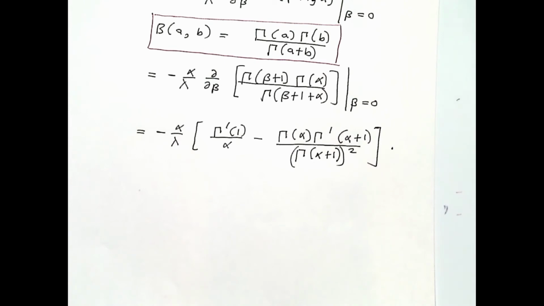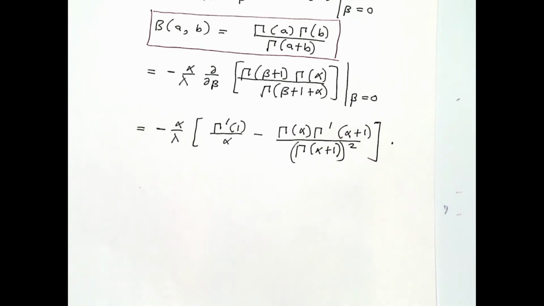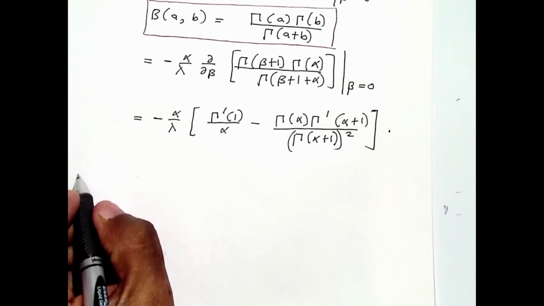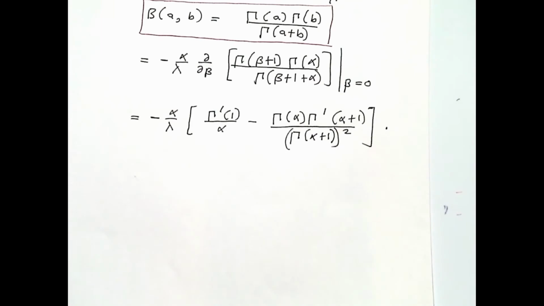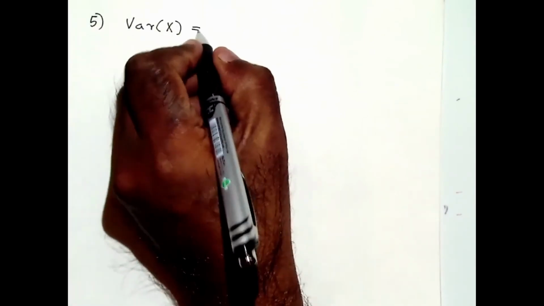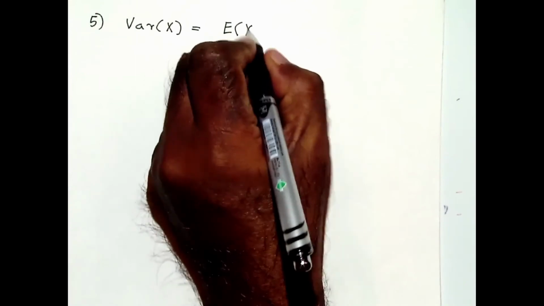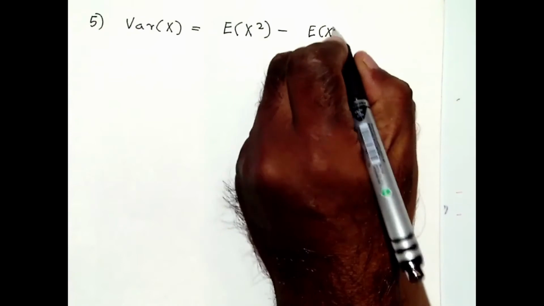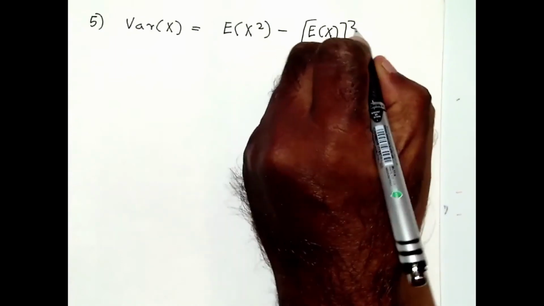Now part 5 of sheet 7 is asking you for the variance, right? Let me start on a fresh page, sorry. So this is part 5. We want to find the variance of x, which I'm sure all of you know is the same as the expectation of x squared minus the square of the expectation, right?